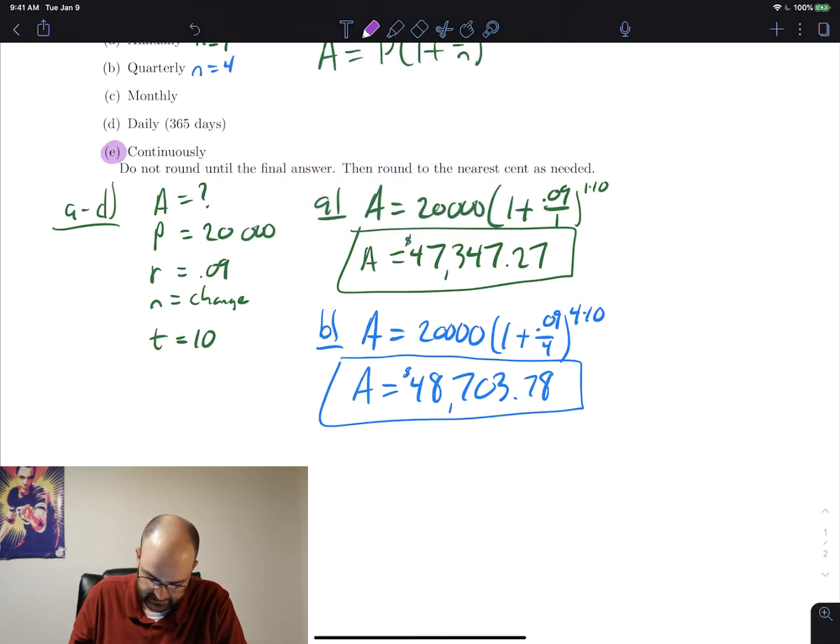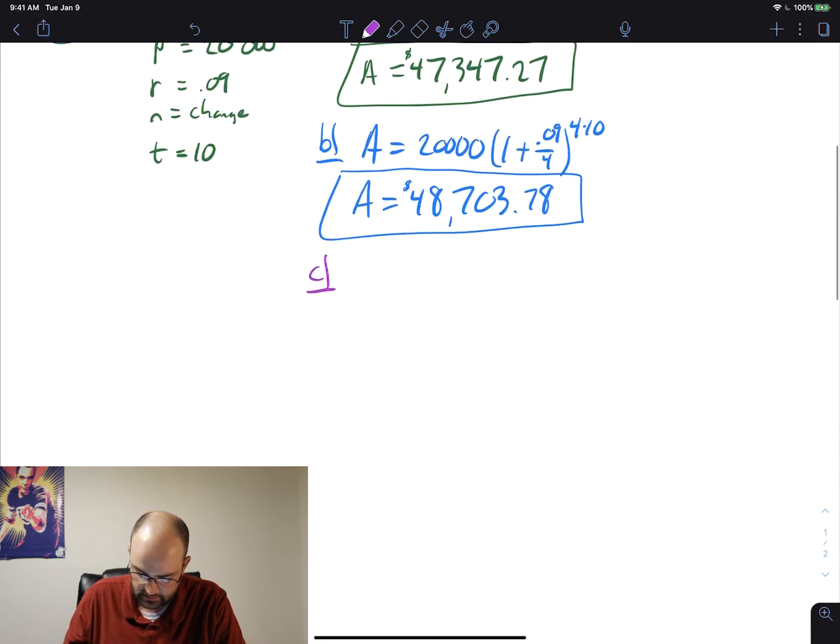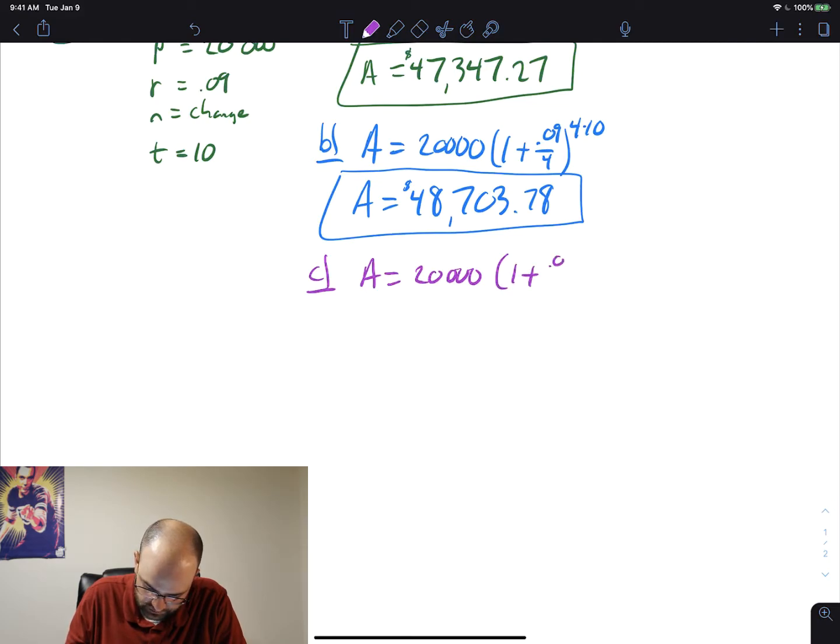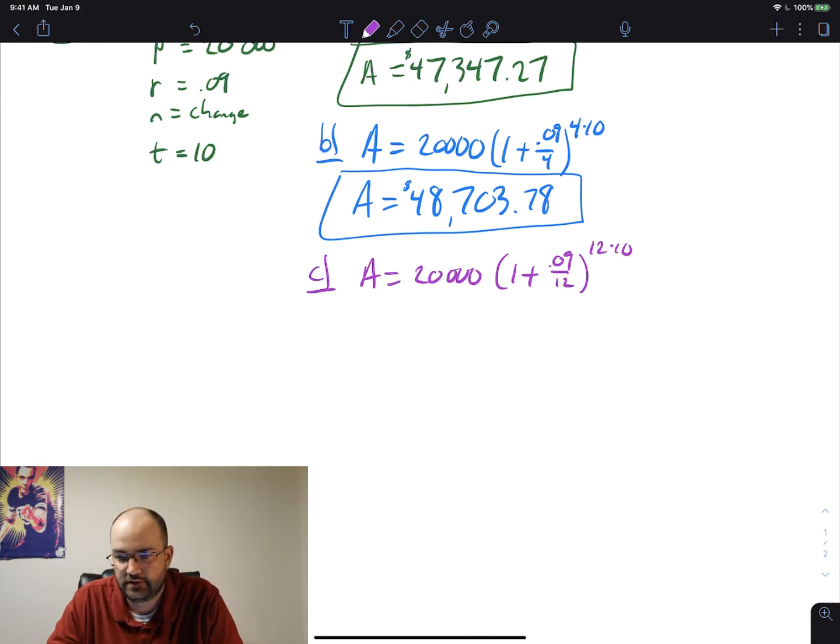Next, let's look at monthly. Remember, for monthly, N equals 12 in this case. So we're going to have A is equal to 20,000 times 1 plus 0.09 over 12, all to the 12 times 10. So again, just type that into the calculator exactly the way it is.